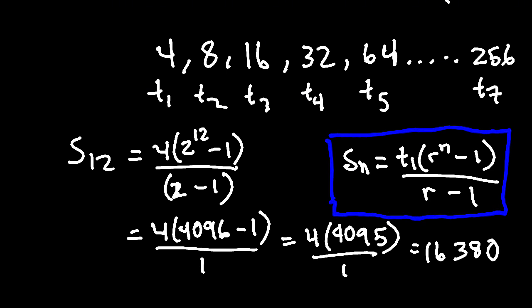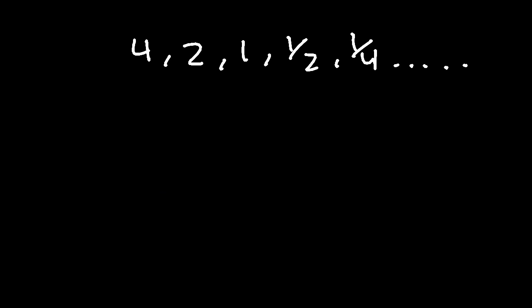Okay, let's say if we had this sequence of 4, 2, 1, 1/2, and 1/4. And let's say it goes to infinity. How would we find this sum to infinity?